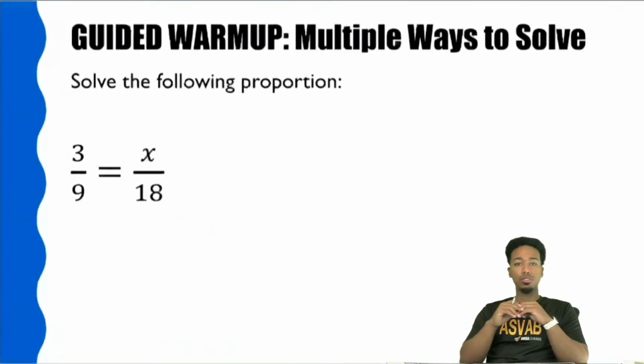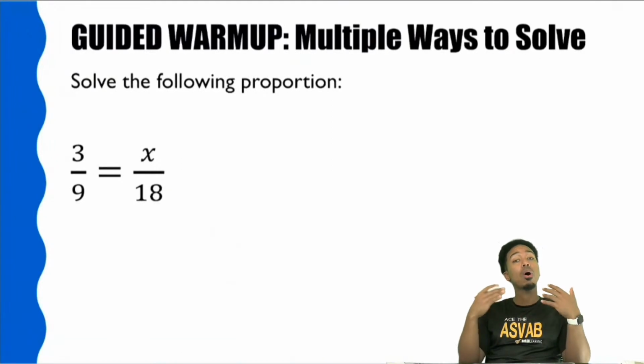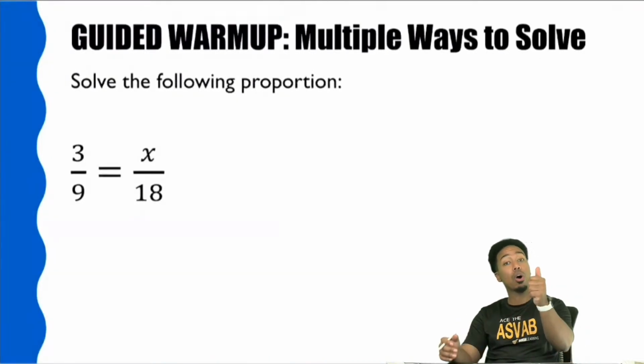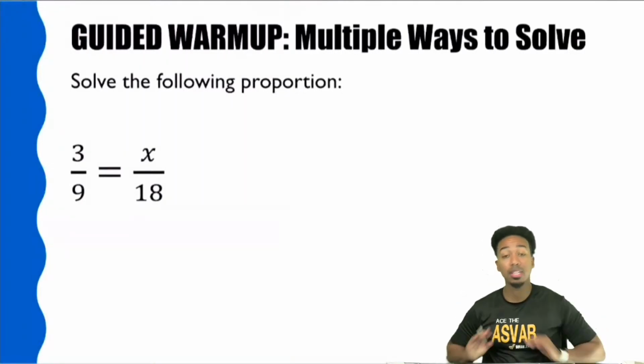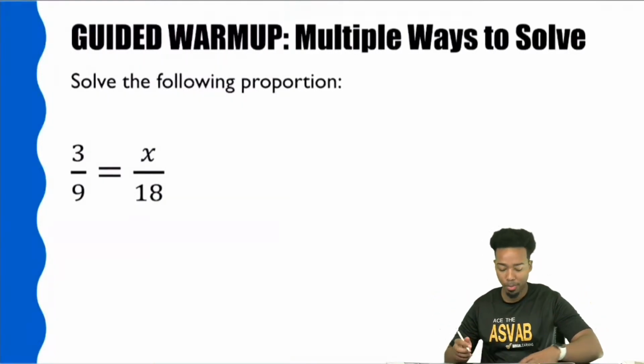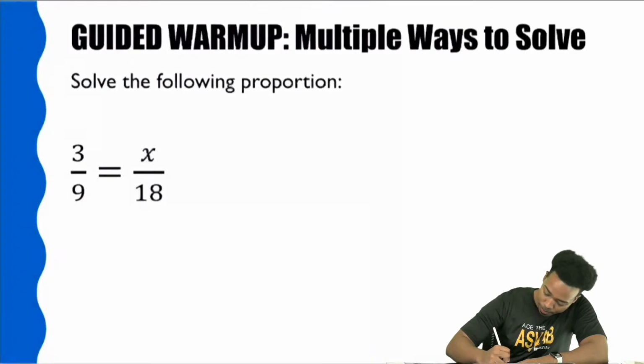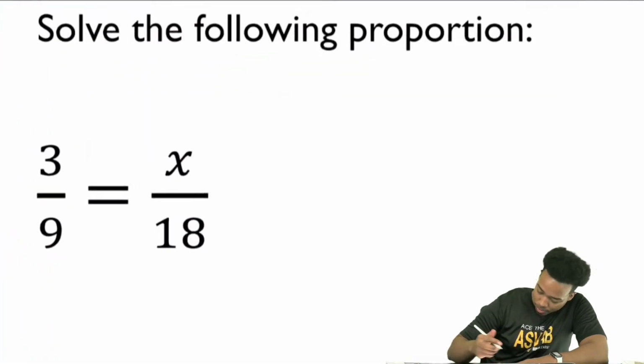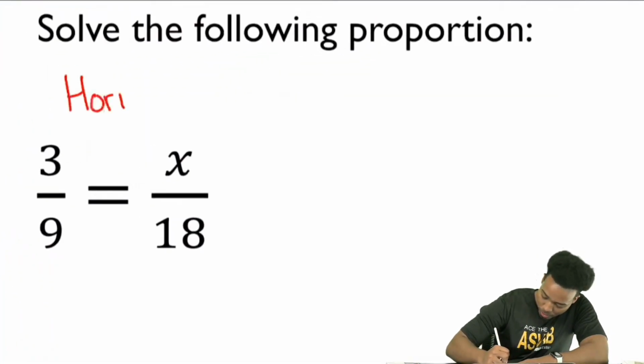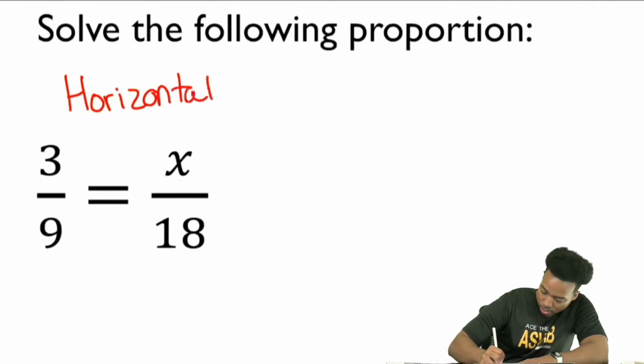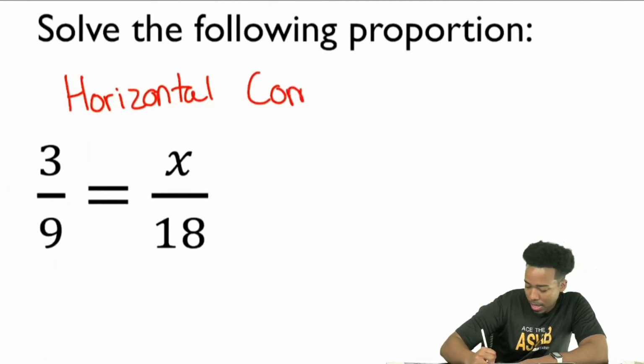So last thing I want to do is show you the horizontal method. There's horizontal comparison and horizontal simplification. This is the last thing I'll show you, and then we're good. I promise you. So here, let me do it in red again. Horizontal comparison, and then horizontal simplification.